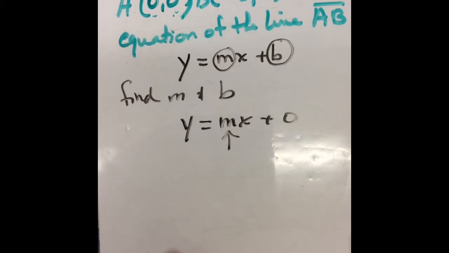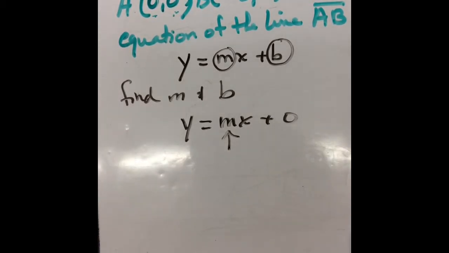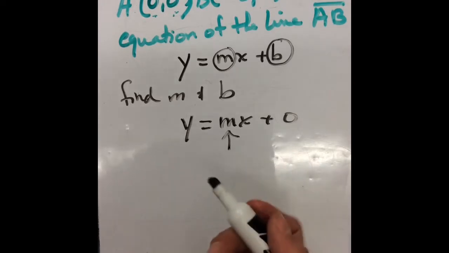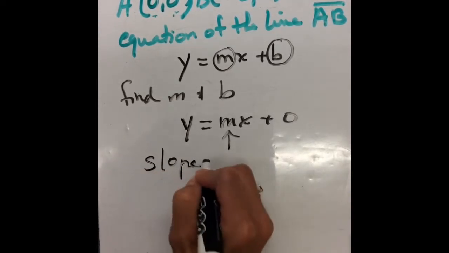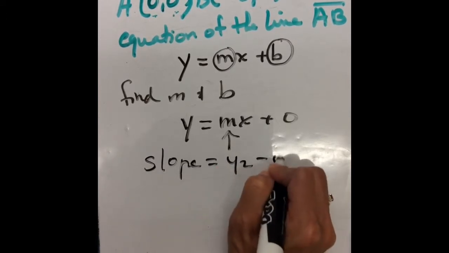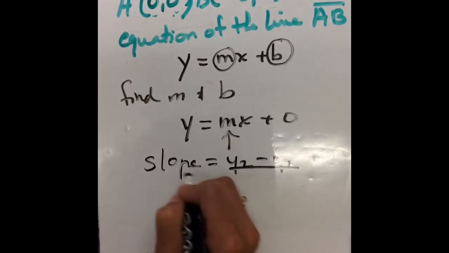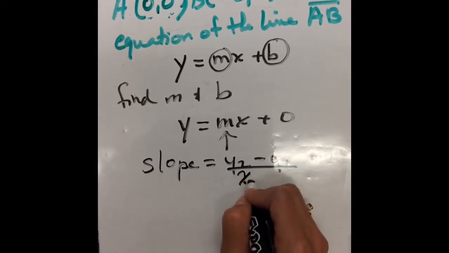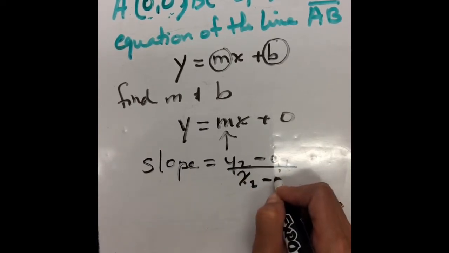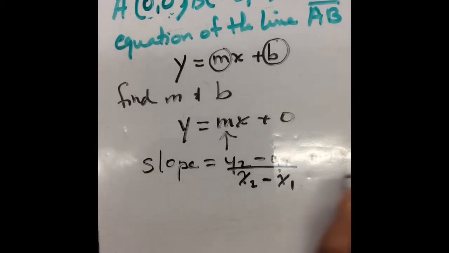How do you find the slope? We had different ways. Rise over run with a graph. In this case, we don't have that. So the other thing that we used was y2 minus y1, or the difference in the vertical distance divided by the difference in the horizontal distance.